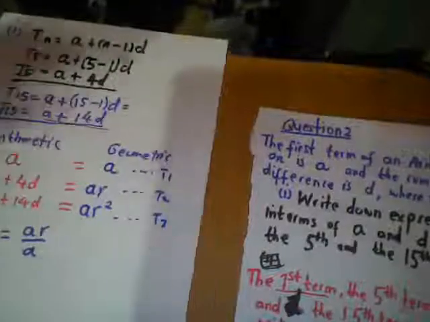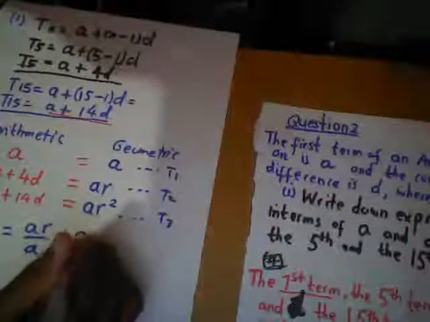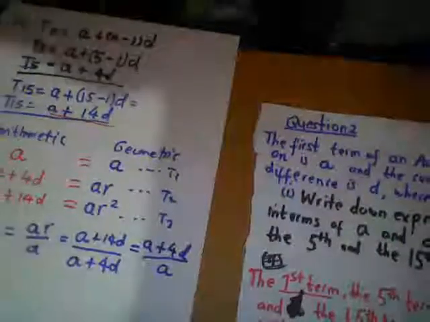Now, in the arithmetic terms, this is the same as a plus 14d over a plus 4d, and it must be equal to a plus 4d over a. For the geometric side, a and a cancel, so ar equals ar.